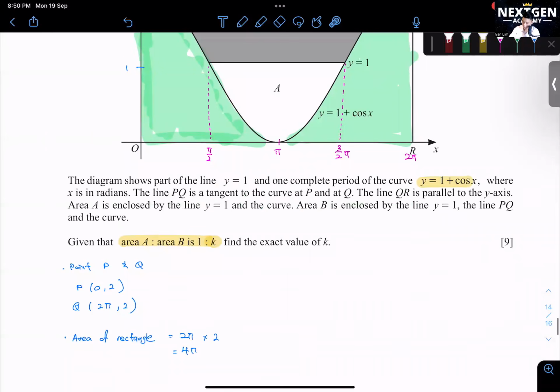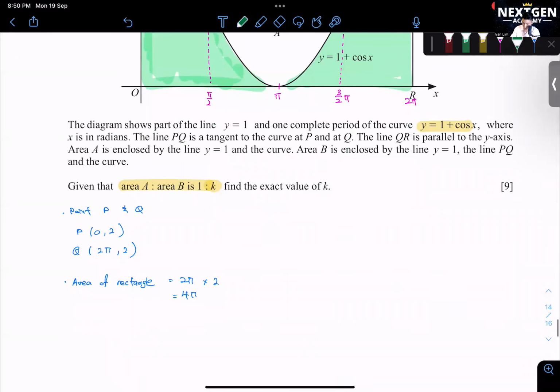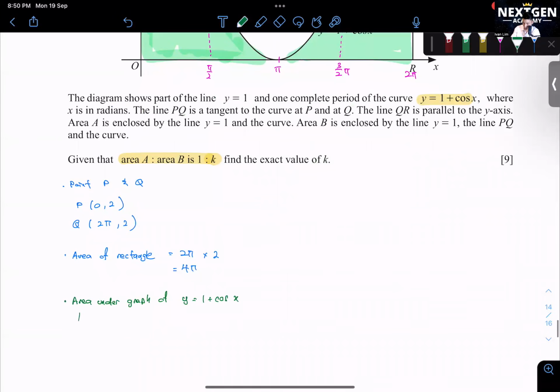I'm going to put this in green color. Area under the graph of y equals 1 plus cos x. We integrate from 0 to 2 pi, 1 plus cos x dx. We do our definite integral.